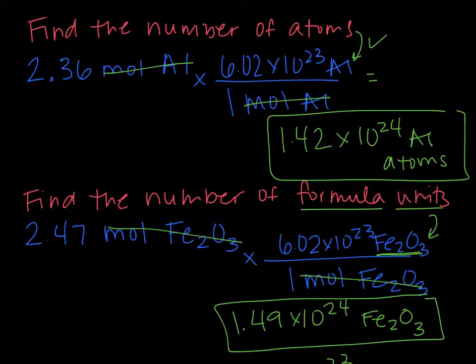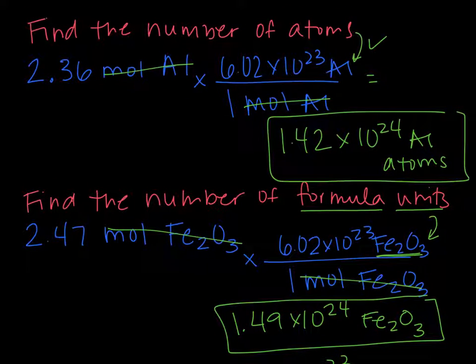So right here we have 2.36 moles of aluminum. Moles canceled out. We have 2.47 moles of iron 3 oxide. Moles canceled out here. We did the exact same thing. So don't overthink this. If you have moles on the top and you're looking for the number of particles, you're going to have to use Avogadro's number somewhere. All right, let's try a couple more.